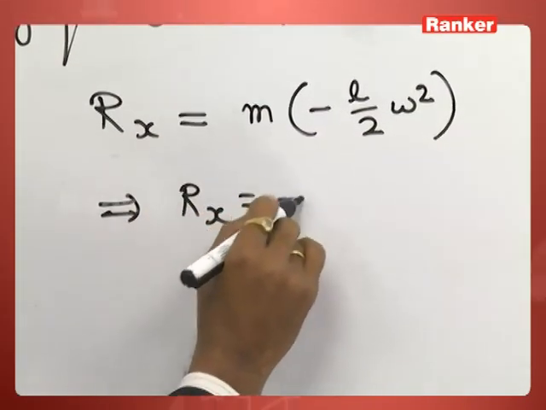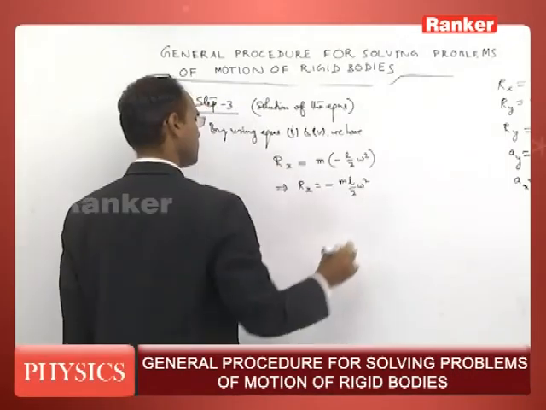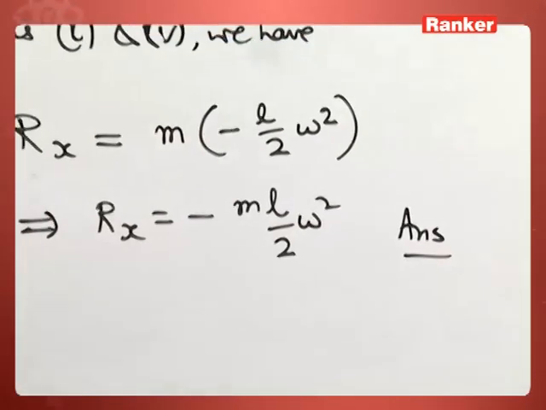Rx is equal to minus m L by 2 into omega square. Answer.